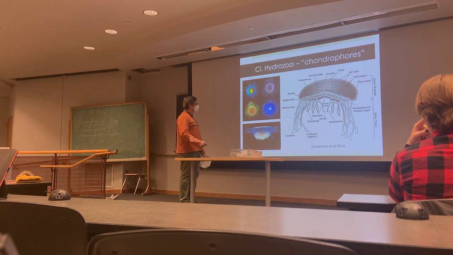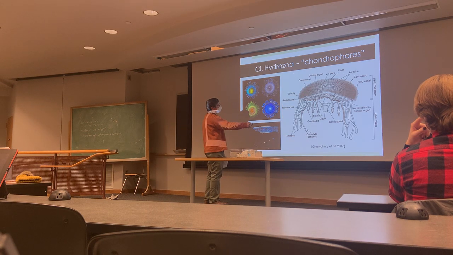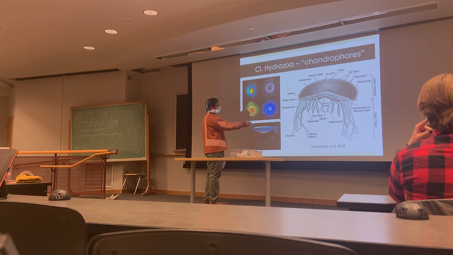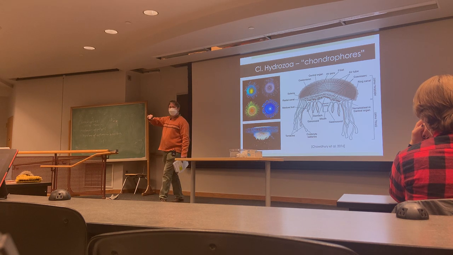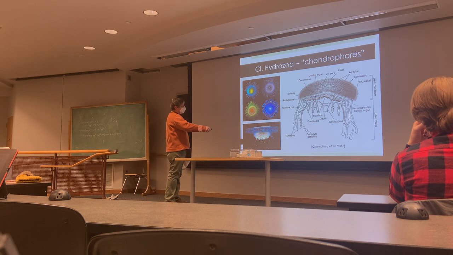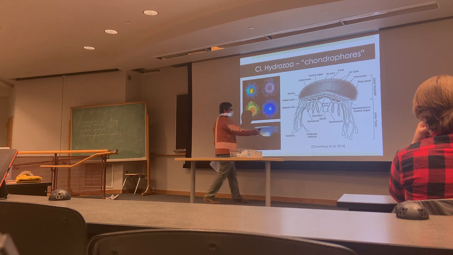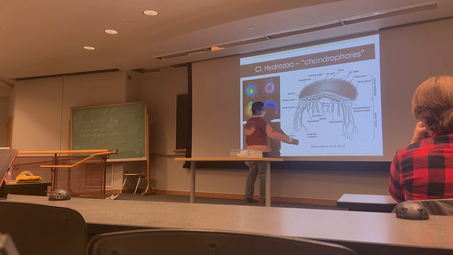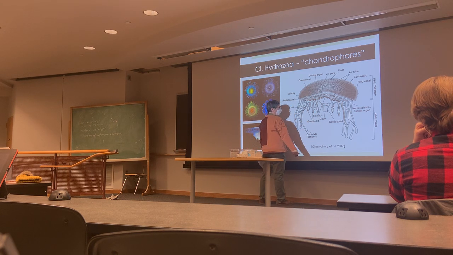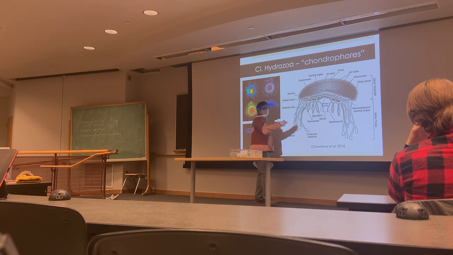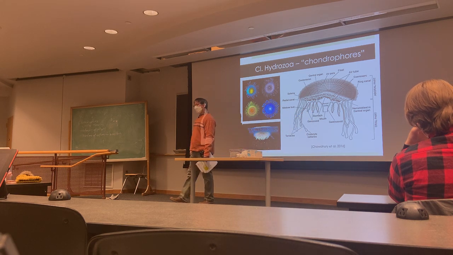In terms of their anatomy, again, this upper float has air pores, air tubes and sacs within it that allow it to be buoyant. And then we have modified polyps producing the tentacles, a gastrozooid that is associated with feeding, and gonozooids that are associated with gamete production.